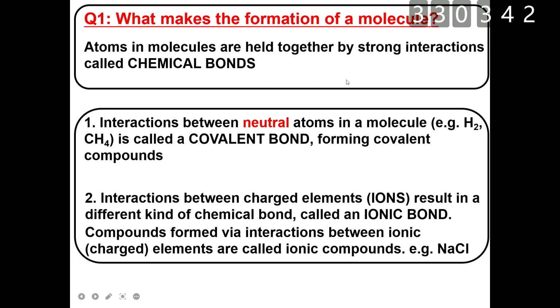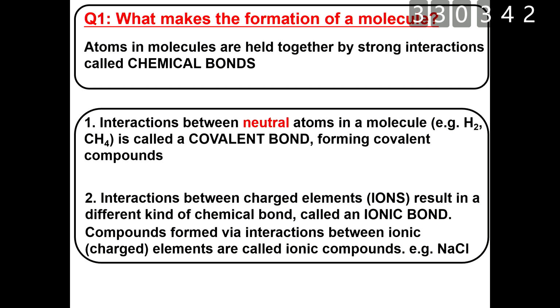Okay. Now the question is, what makes the formation of a molecule? So we know the atoms in molecules are held together by strong interactions. This is called chemical bonds. The interaction between neutral atoms in a molecule is called a covalent bond.